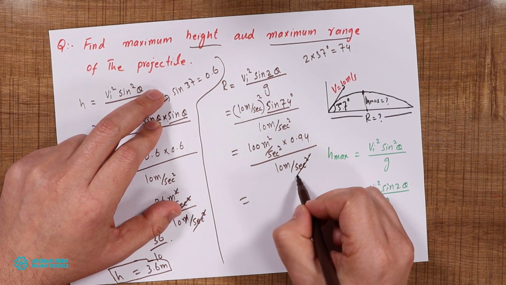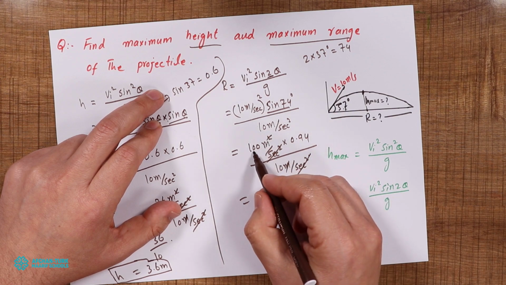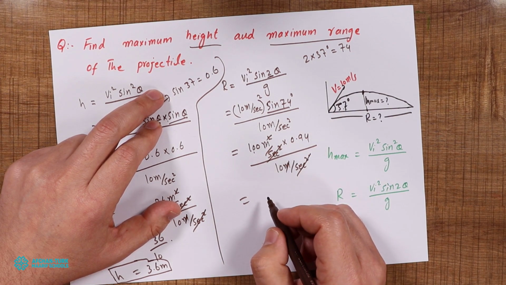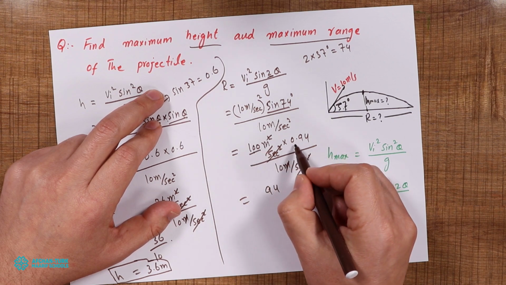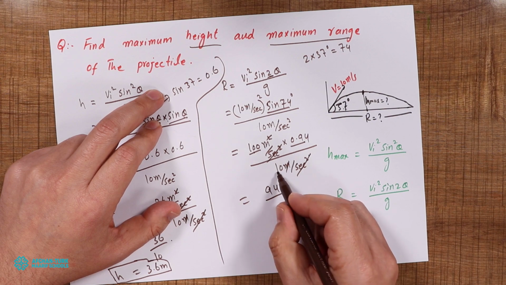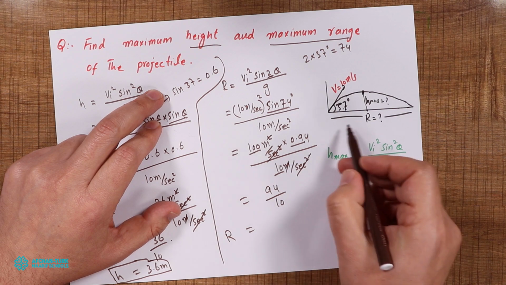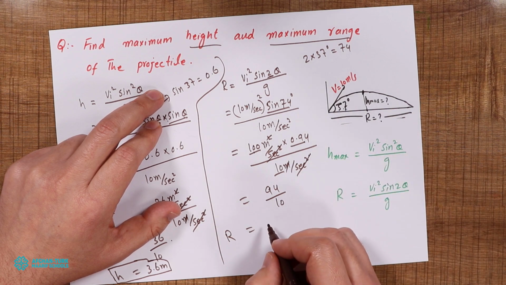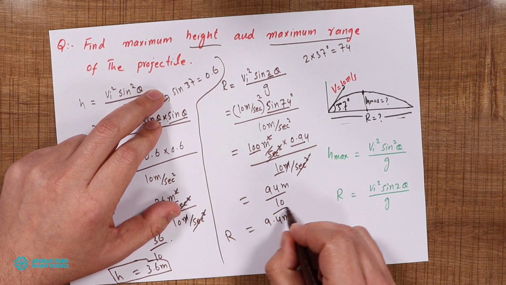Cancelling the units, 100 multiplied by 0.94 is equal to 94, divided by 10. So the range or this displacement is equal to 9.4 meter.